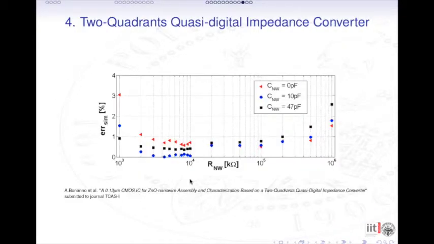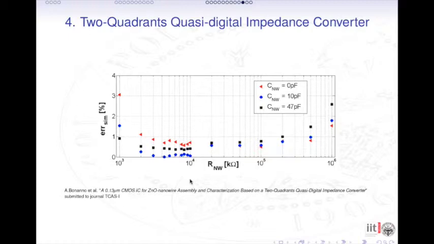In this picture, I reported the estimation error of the resistance in 3 decades, from 1 megaohm to 1 gigaohm, for different capacitance values.